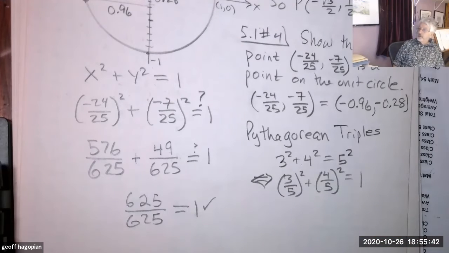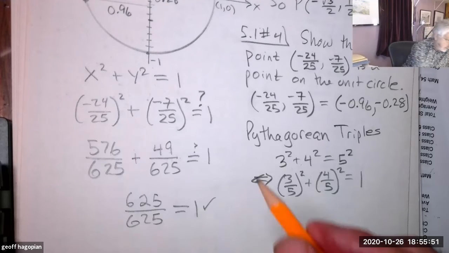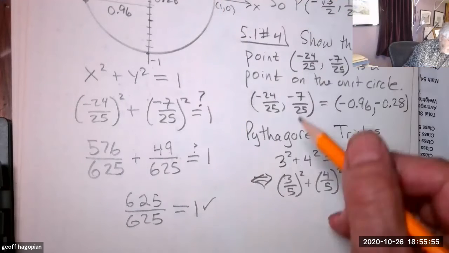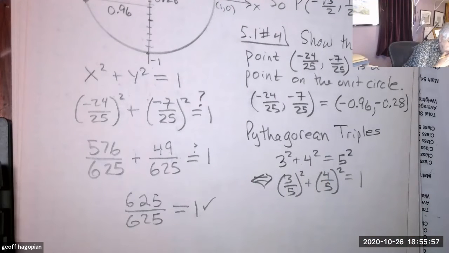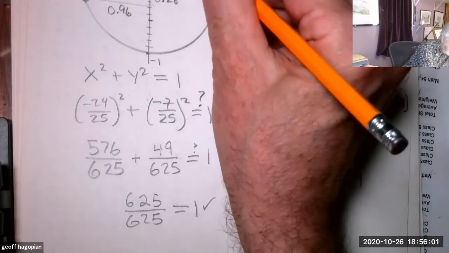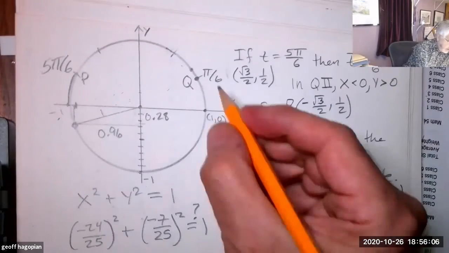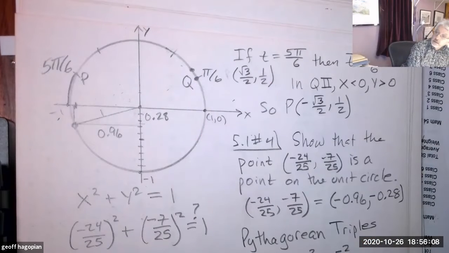Divide both sides by 5 squared. And so 3/5, 4/5 is a point on the unit circle. Where is it? I don't know. It's up here somewhere. 3/5 is about 0.6. So I think it's going to be right about there.